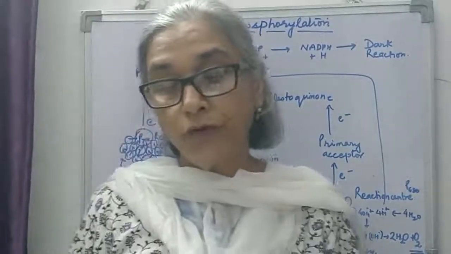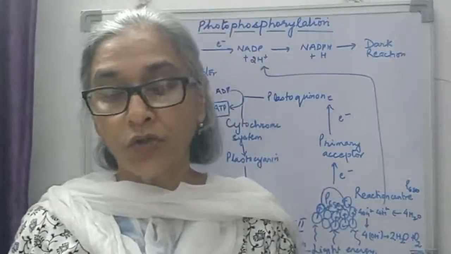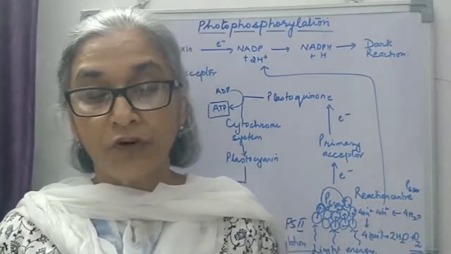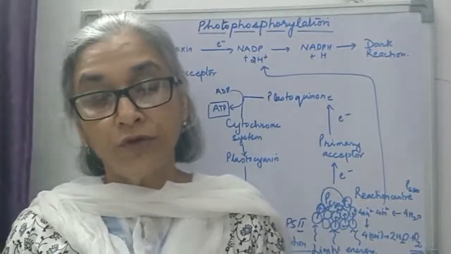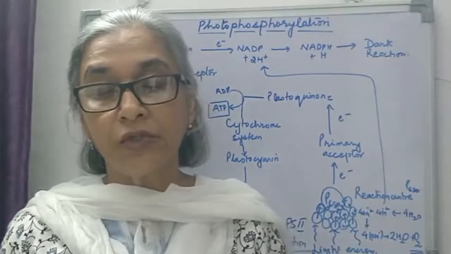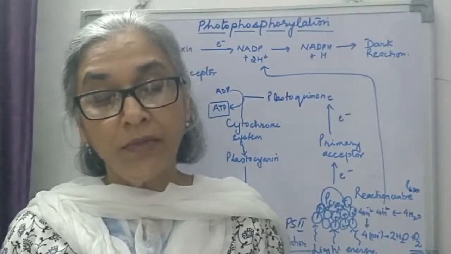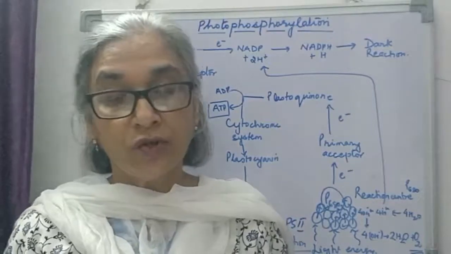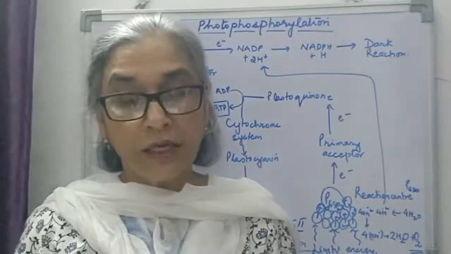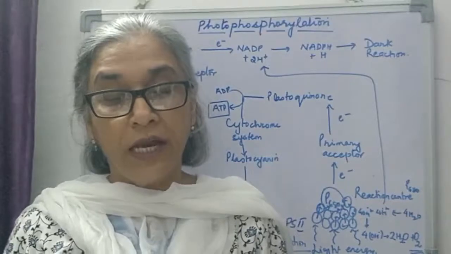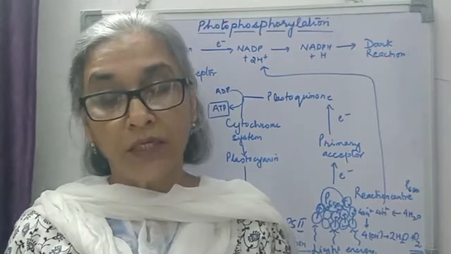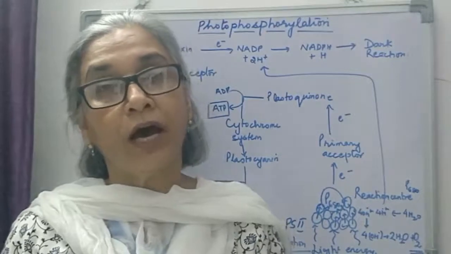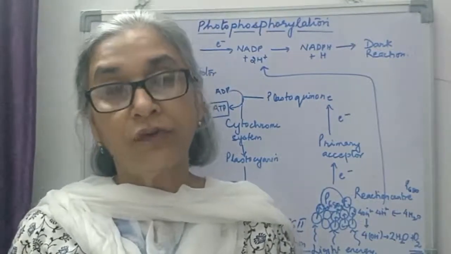So photophosphorylation is the synthesis of ATP from ADP and inorganic phosphate in the presence of light. As a result of photophosphorylation, light energy is converted into usable chemical energy in the form of high energy phosphate bonds.